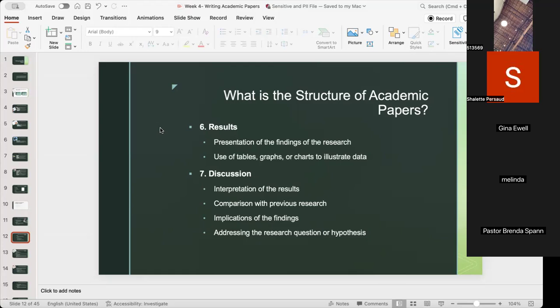And then there's a discussion section. Very often, you as the author of the paper are interpreting those results and what you think it means. And you might be comparing results from one bit of research to another bit of research.